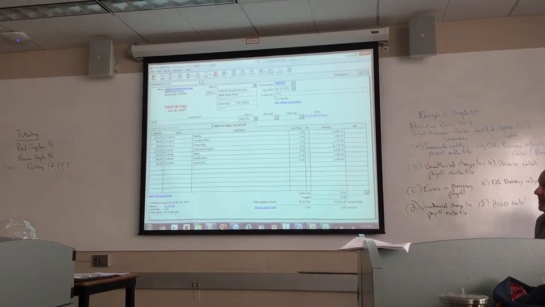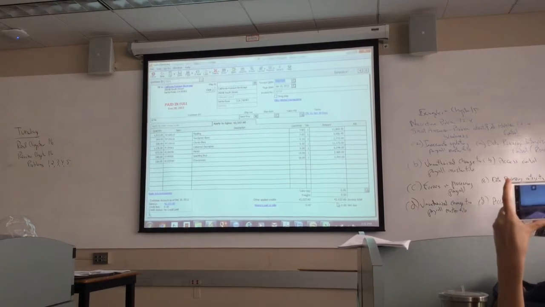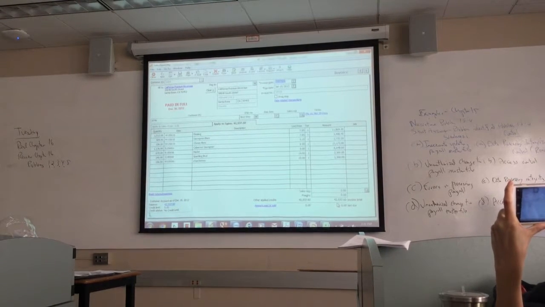Yours won't be paid in full yet. This is to tie it out to what you had on the invoice you got. So this is the only part you want to potentially take a picture of.